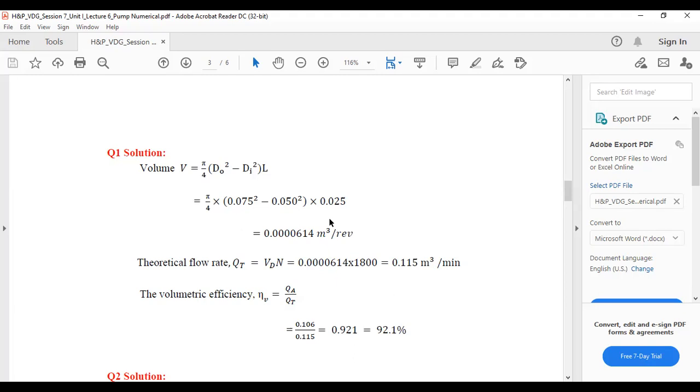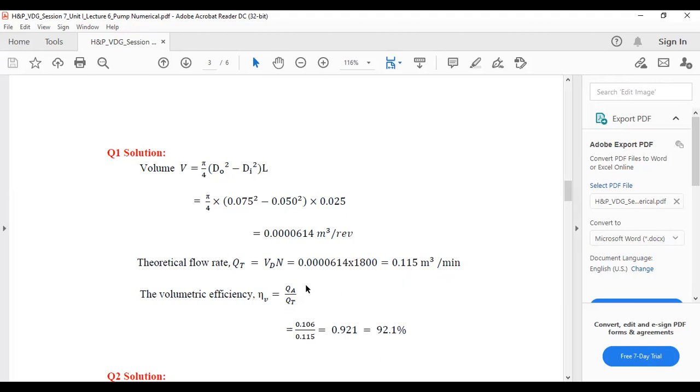In this way, we get the volume 0.000614 meter cube per revolution. Theoretical flow rate Q theoretical equals VD into N. After putting values, we get 0.115 meter cube per minute theoretical flow rate.